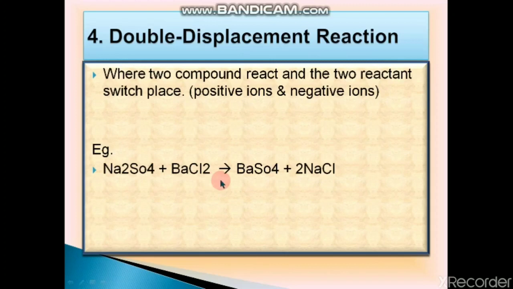When we react sodium sulfate and barium chloride, it forms barium sulfate and sodium chloride. Before, it was sodium sulfate, but afterwards, what came in the product?